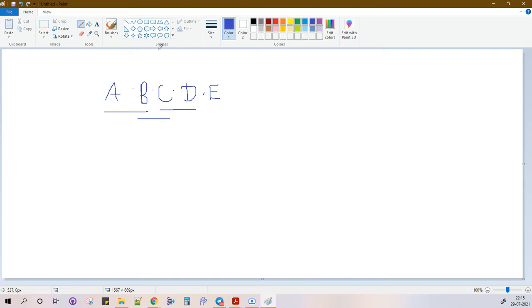Then I can take the group of three also. So I can group ABC also, there would be some cost involved, and I can group BCD also. So there would be some cost involved, right?